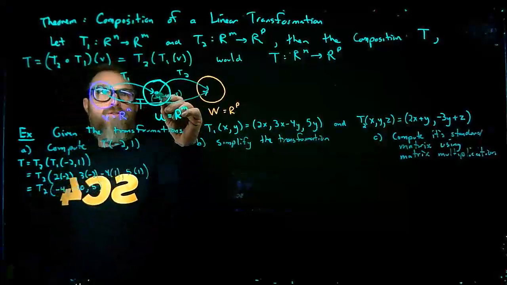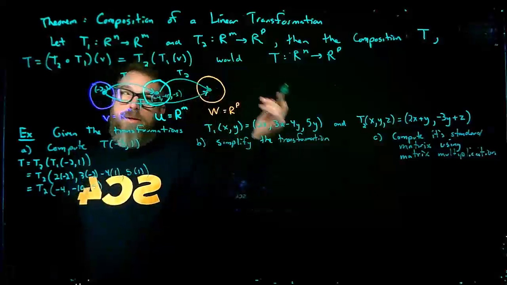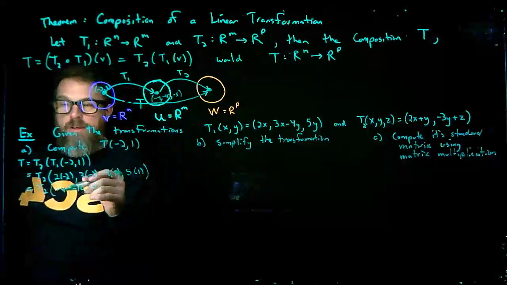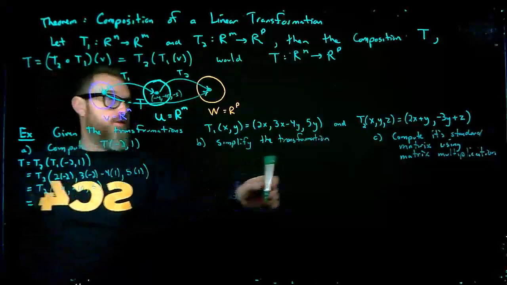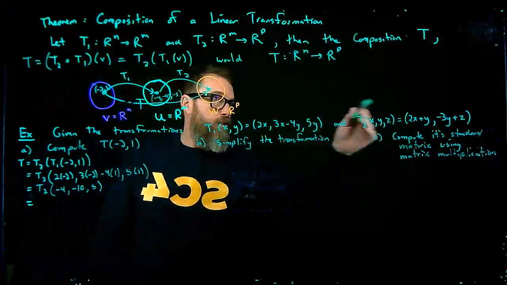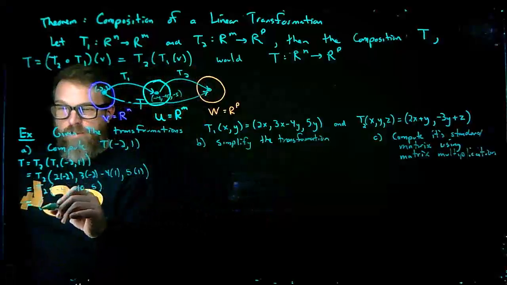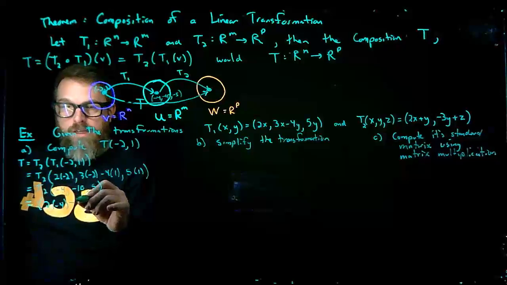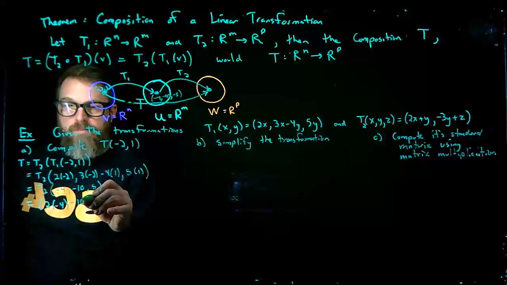Now I'm going to take this vector and go into this transformation, and I'm curious what it's going to be. It goes R2 to R3 back to R2. Let's see what happens. T2 says 2 times the first component plus the second component, so plus a negative 10.